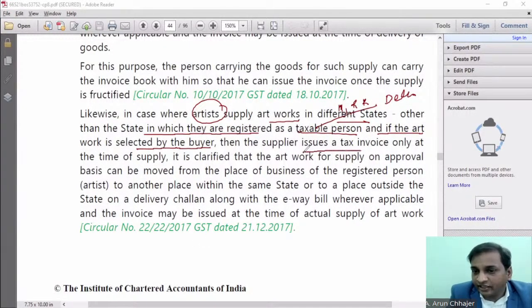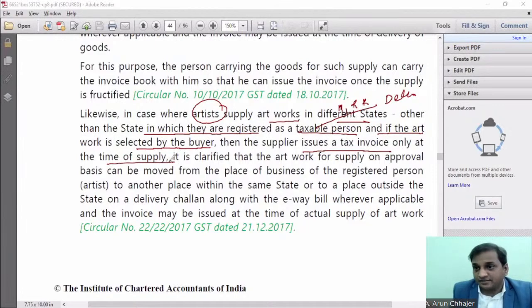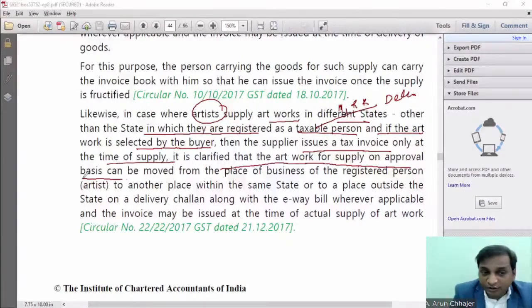Then the supplier will issue the tax invoice only at the time of supply. So when he is moving the goods, is he making the supply? The answer is no, like a sales on approval basis. So what will be the document to be used? It is clarified that artwork for supply on sales on approval basis can be moved on the basis of the delivery challan.